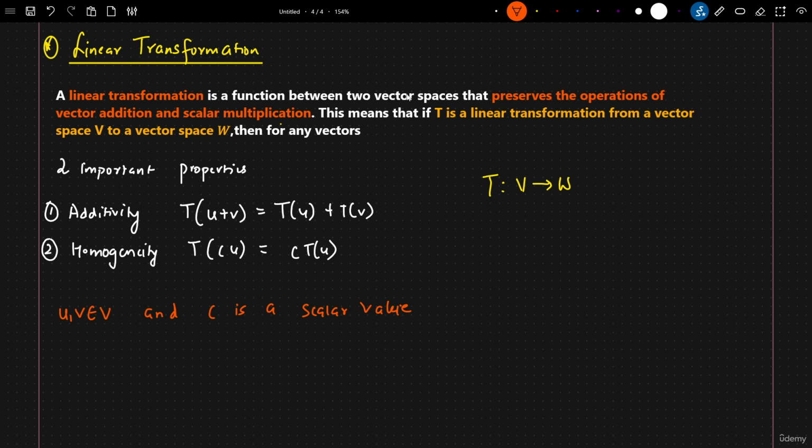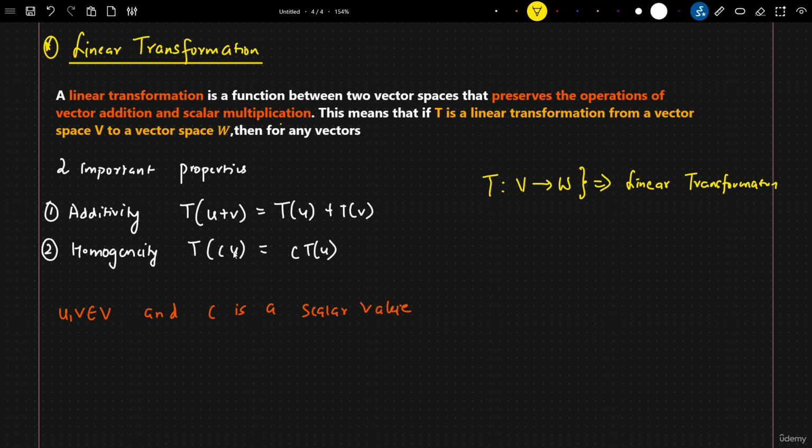Now let me repeat what I have written. A linear transformation is a function between two vector spaces that preserves the operation of vector addition and scalar multiplication. This means if T is a linear transformation from vector space V to vector space W, then to be called a linear transformation, it needs to satisfy these two properties.